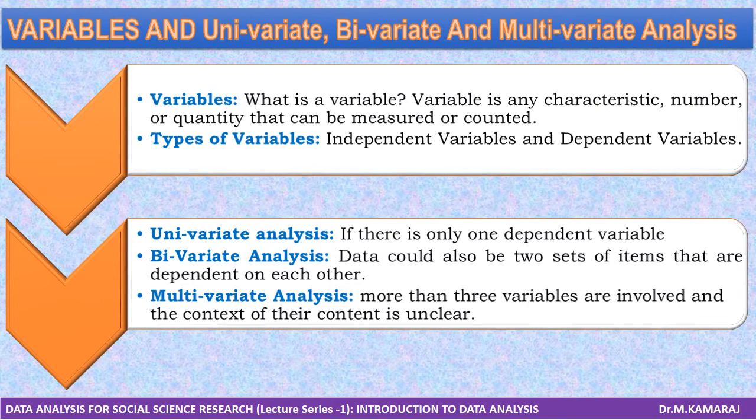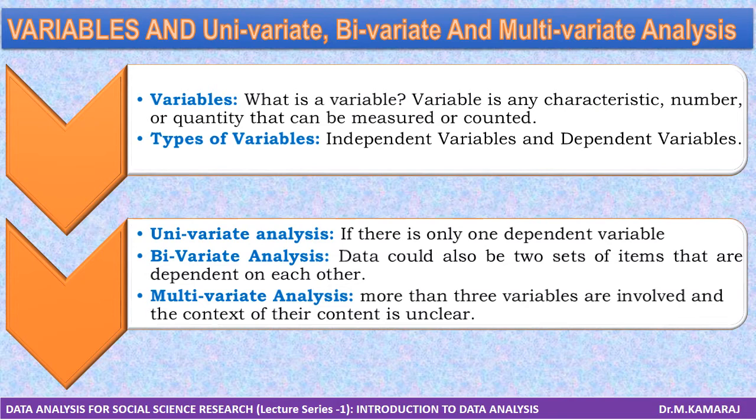The application of appropriate statistical tools will help the researcher to achieve the research objectives. Regarding bivariate, data could also be two sets of items that are dependent on each other. In bivariate analysis, one is assigned as the dependent variable and the other as the independent variable.